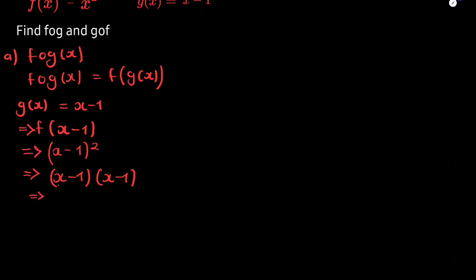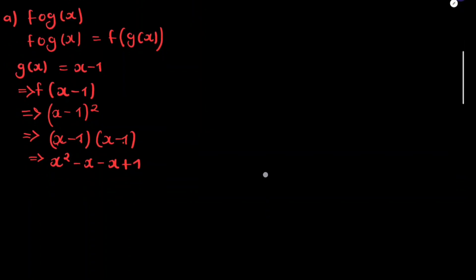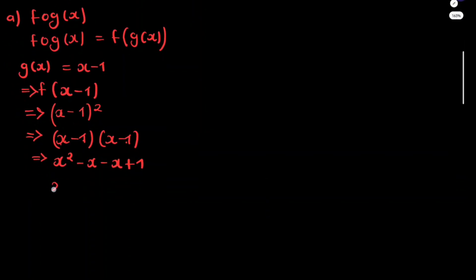Now let's open our bracket. So we have this times this, which is x squared. This times this, we have minus x. This times this, that is minus x again, and this times this, that's plus 1. So we can simplify it.